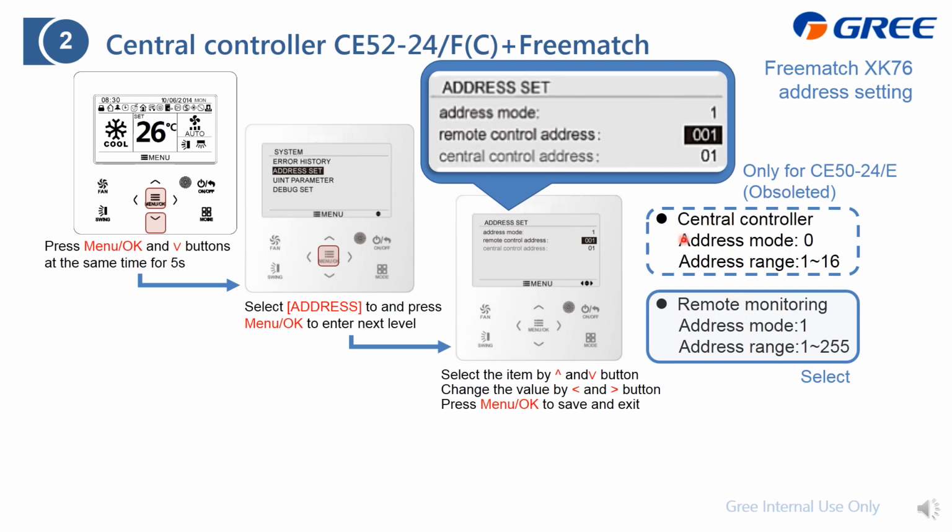The first is this central controller, however, this is only for the C50. This is already obsolete, we will not use this one. We need to select this one, remote control address, which is remote monitoring. On the other hand, you also need to change the address to be different, to identify you are from a different indoor unit, okay.